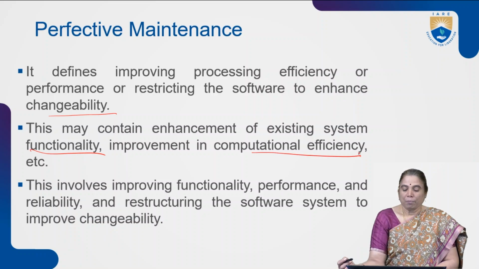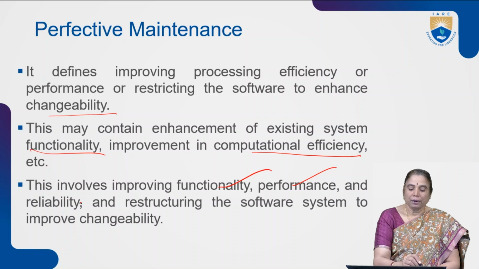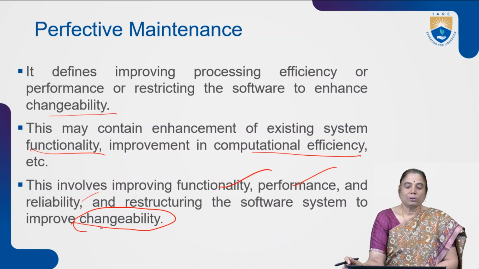The complexity, performance, space complexity, and time complexity of the software must be improved in order to add features or to enhance the existing features; perfective maintenance is majorly focused on this. This involves improving functionality, performance, reliability, and restructuring the software system to improve changeability. So these are the major goals of perfective maintenance.